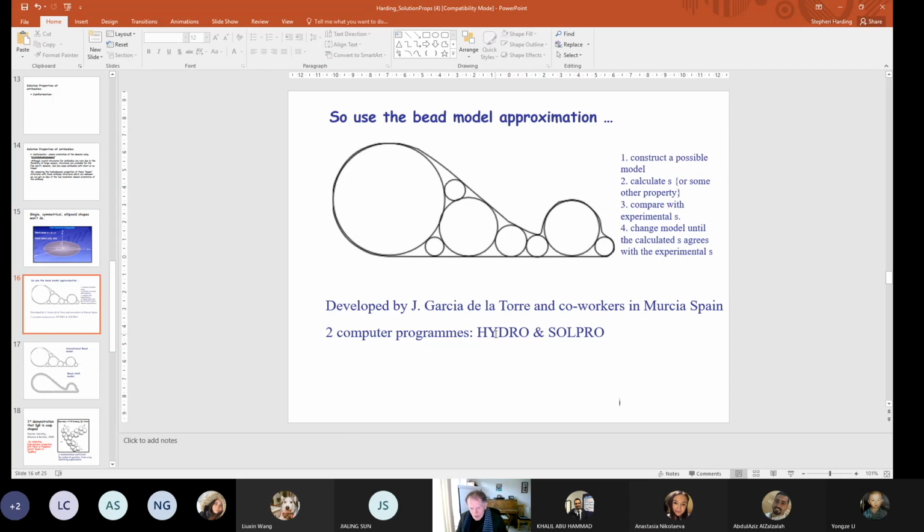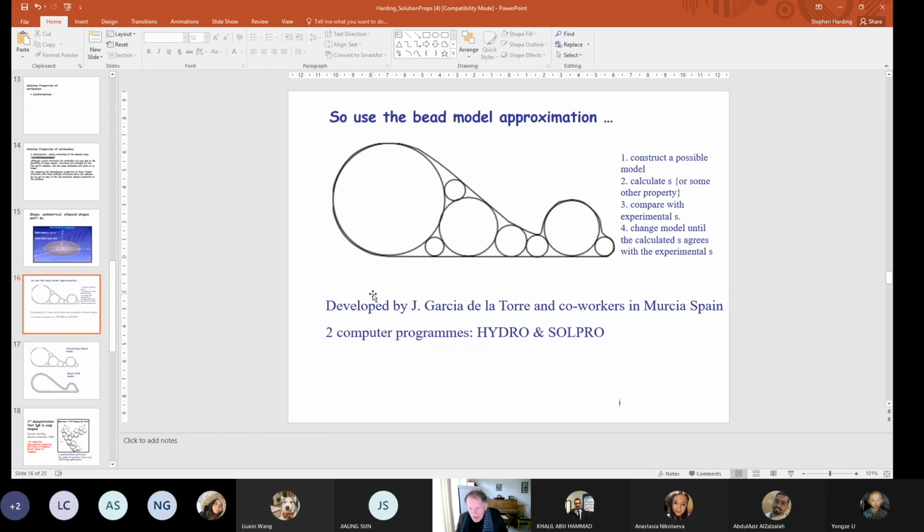computer programs called Hydro and Solpro, developed by our colleague Garcia de la Torre in Murcia in Spain. And so for a given shape, we can work out what the sedimentation coefficient is. We know the mass, of course, as well.